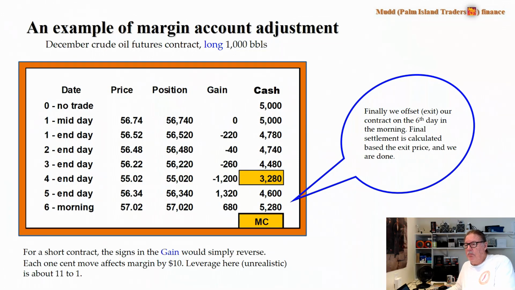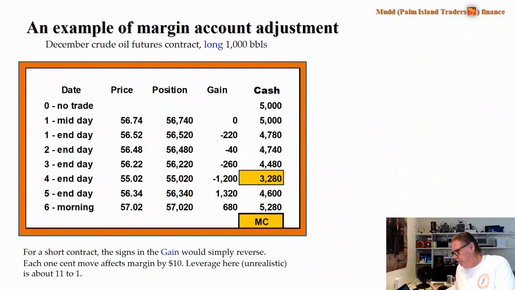So if we exit before the expiry, which is going to be the case for everybody except oil dealers, then it's over. Now you can see the cash account has changed. It's changed because of this daily settlement. So that, I think, should make it clear how settlement works. And this is true for all commodities, whether they're deliverable or not.